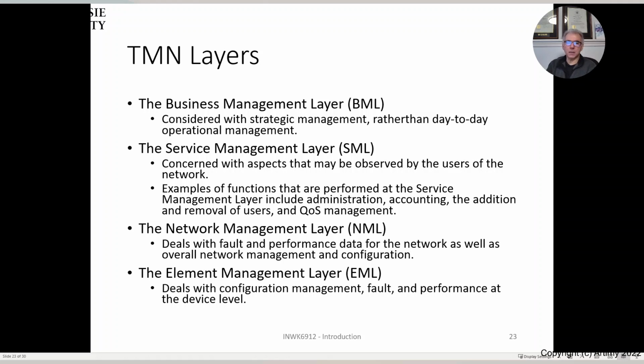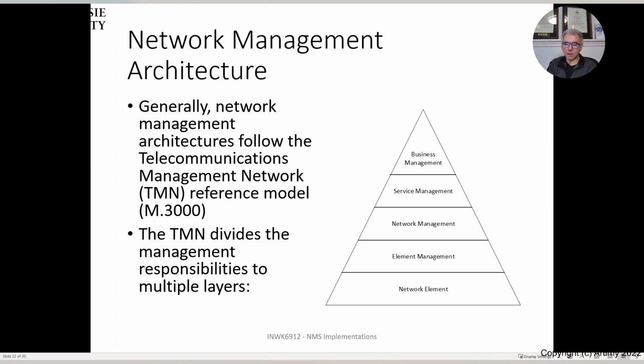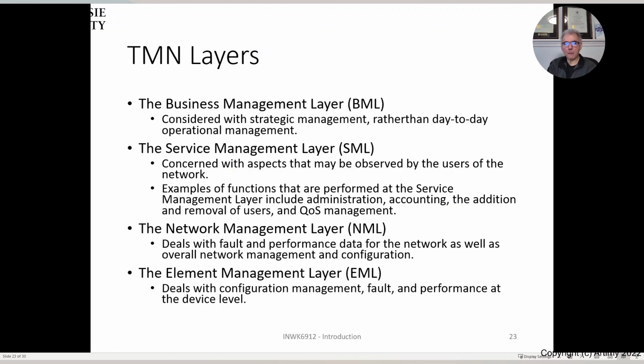All of this is at the business management layer. So you can see here in this slide, I didn't mention the elements themselves. The elements are understood as the devices in the network, right?